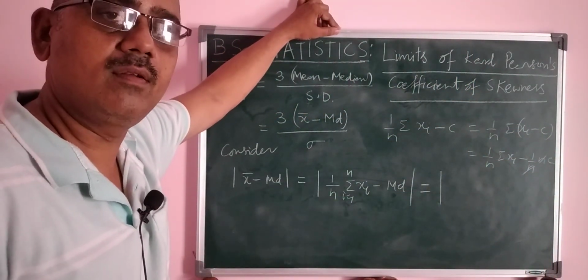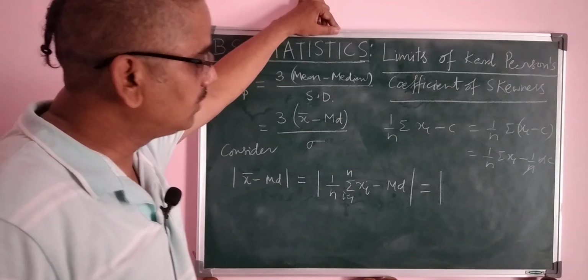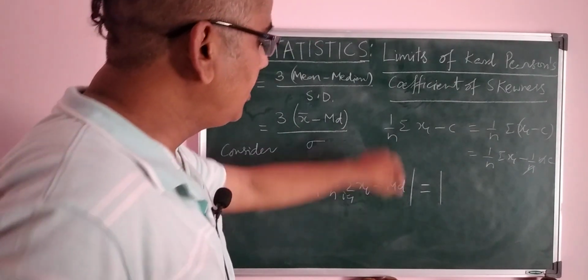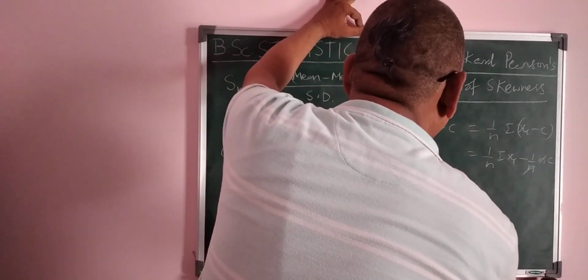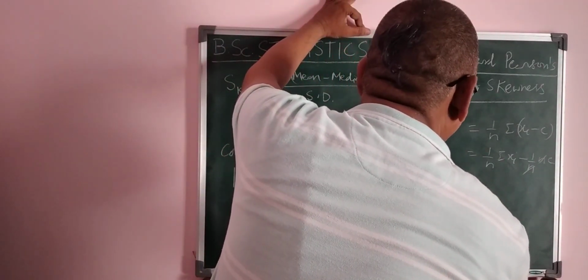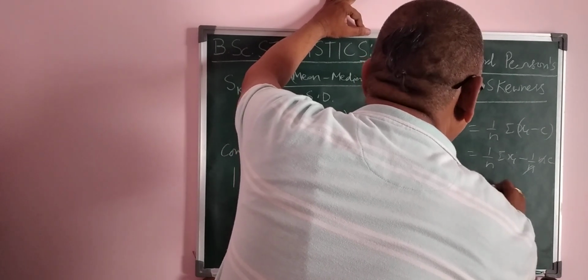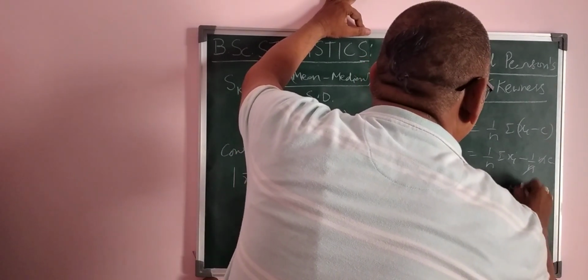Hope you understand? So that is the reason why I am taking this particular median inside the summation, that is 1 by n summation i is equal to 1 to n xi minus median.